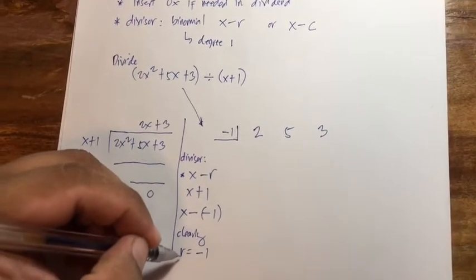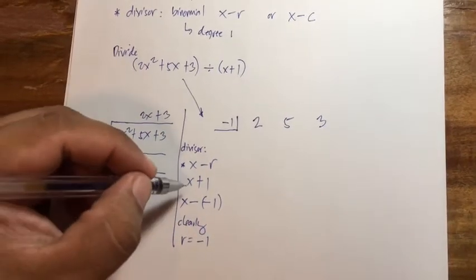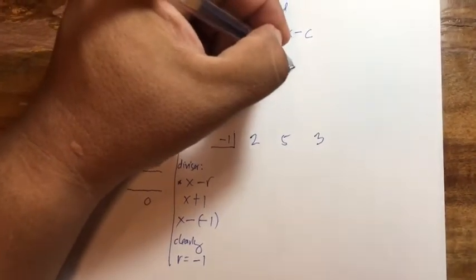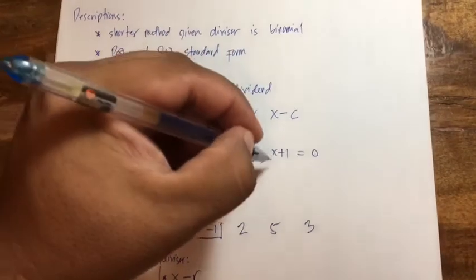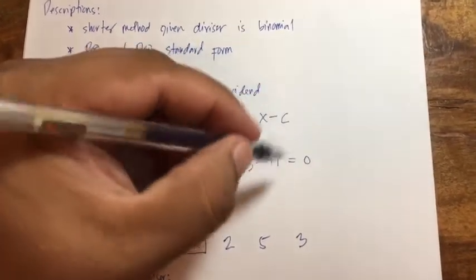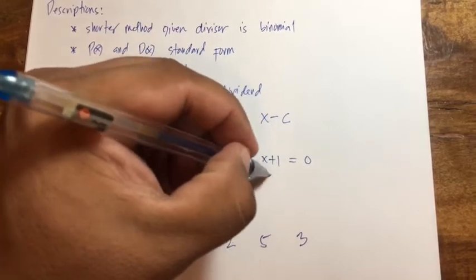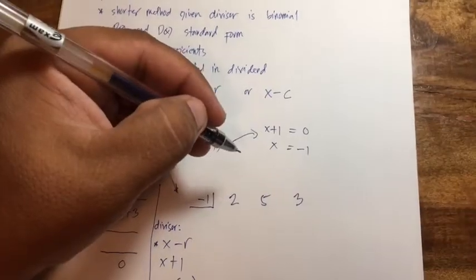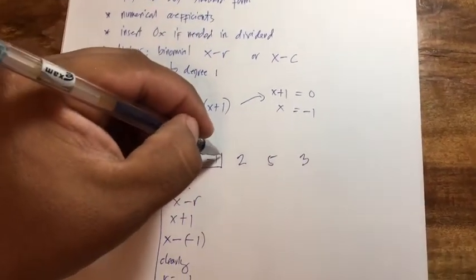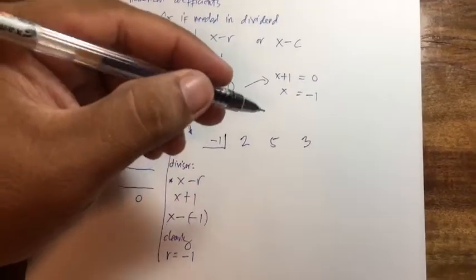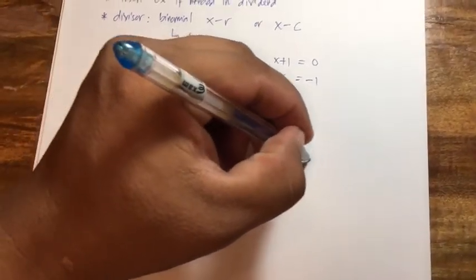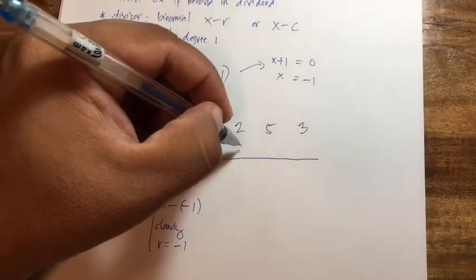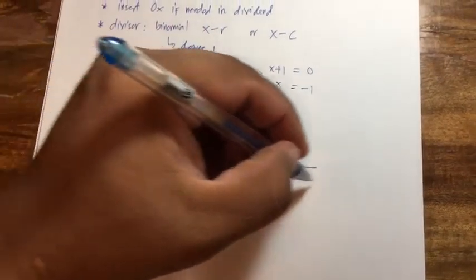By the way, you can also get r equals negative 1 by equating x plus 1 to 0 and solving for x, adding negative 1 to both sides, so x is equal to negative 1. After that, we make this line. It is assumed that this is our first row, then our second row, then our third row.